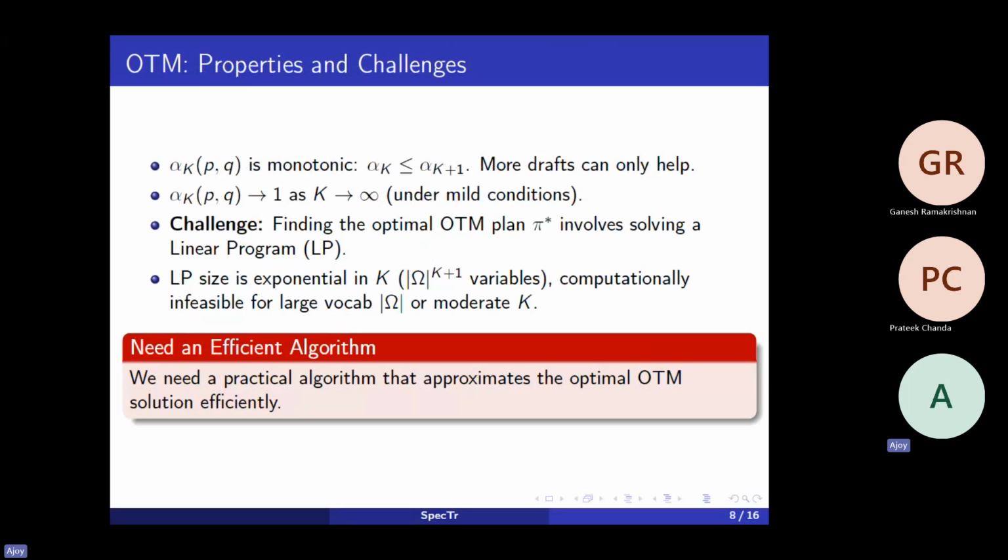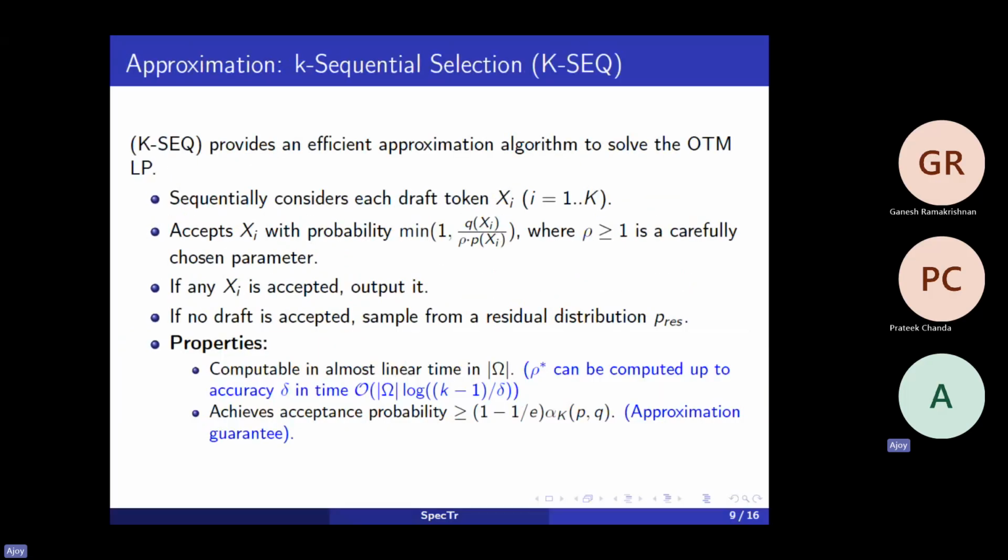So it would be gamma power k plus 1, which is unfeasible for LLM models. So they try to form an approximate optimal map from P to Q, such that the map is correct, but the cost is not minimum.